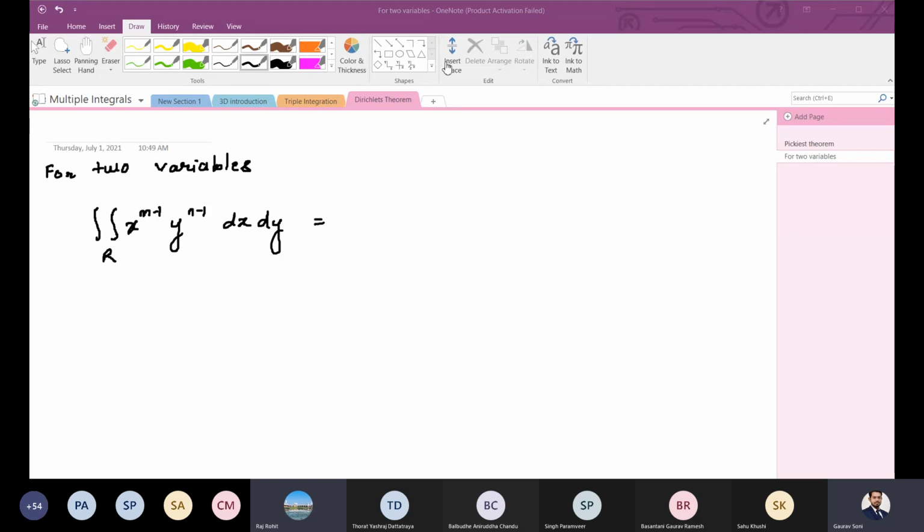What will be the integration here? That is Sumedh. Sir, gamma of n into gamma of m upon gamma of 1 plus m plus n. Exactly.